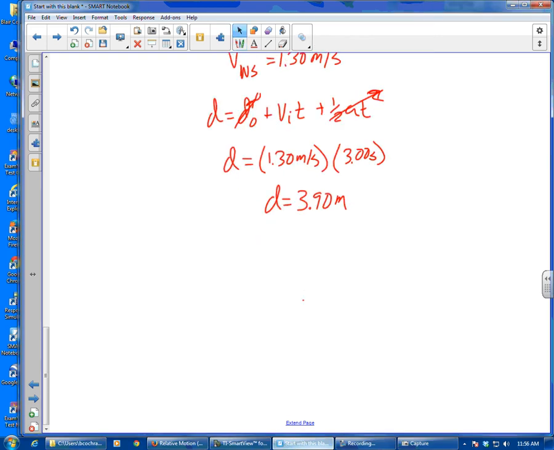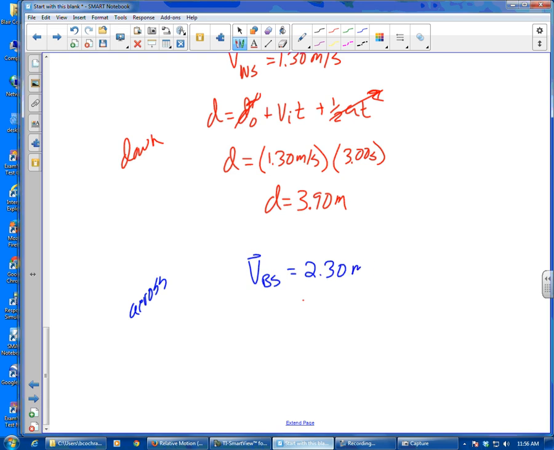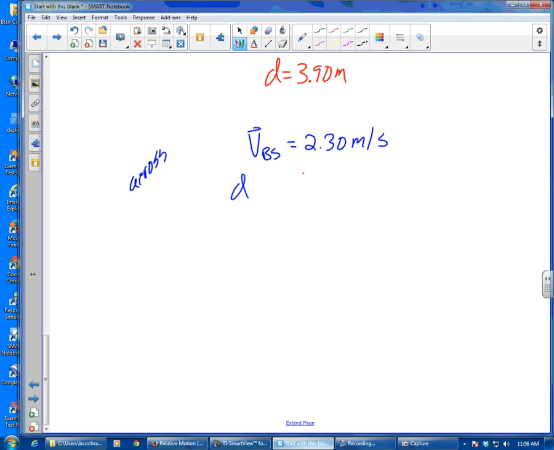Then I look at across the river. So this is down the river, and now I'm going across the river. The velocity of the boat with respect to the shore across the river was, for me, 2.30 meters per second. Be careful, use your own numbers. D equals D naught plus v initial t plus 1/2 a t squared.